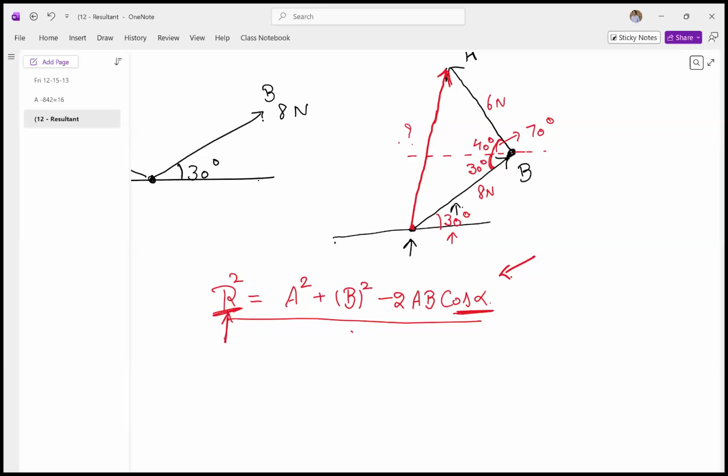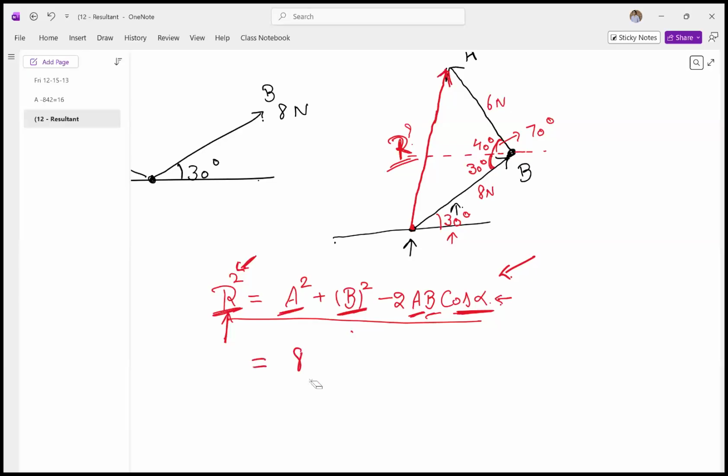So here, I marked it as the resultant vector. This is the resultant, and the sides, two sides I've taken, and then I've taken the angle opposite to whatever is on the left hand side here. Okay, so now we will just plug in the values.